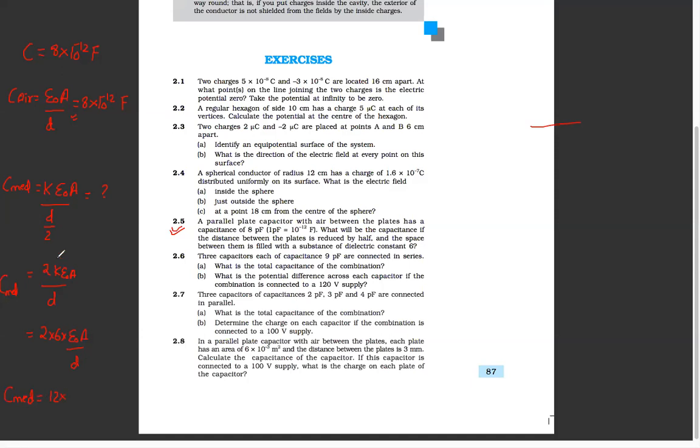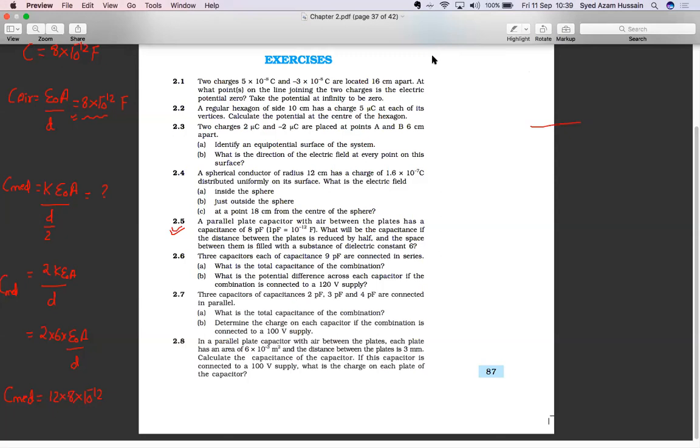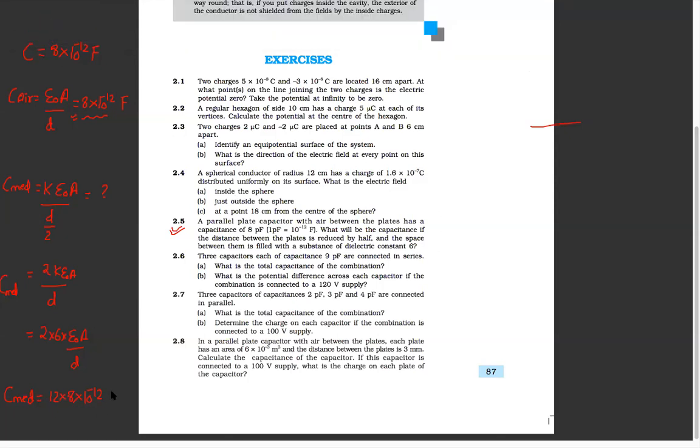So that's 12 into 8 into 10 raised to the power minus 12 farad. This is the capacitance of the parallel plate capacitor with a medium of dielectric constant K, and the space between them is half.